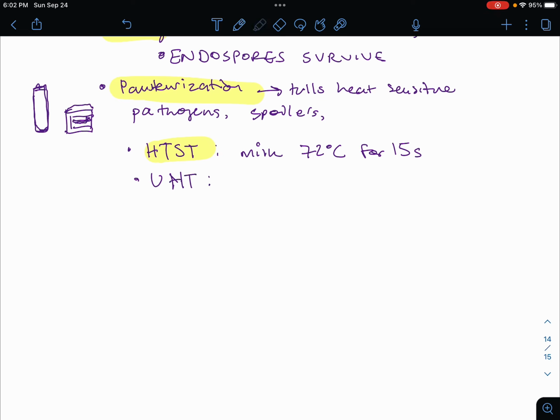This is going to be 134 degrees Celsius for 2 seconds. And this is going to be used for boxed juice, because you're going to just leave it on the shelf for much longer. So we need a little bit of a higher heat. We need it to be shelf stable. That's what we're going for when we use UHT.